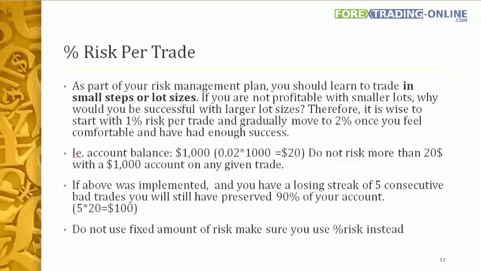So in essence, what we plan to do is use a percentage of risk in terms of your capital in your account. You don't want to risk a fixed amount, and the reason for that, as we'll see in the next slide.